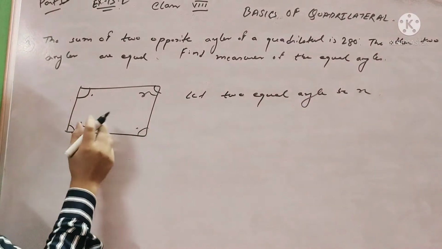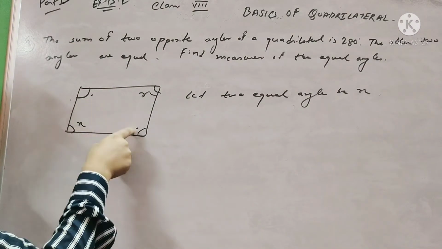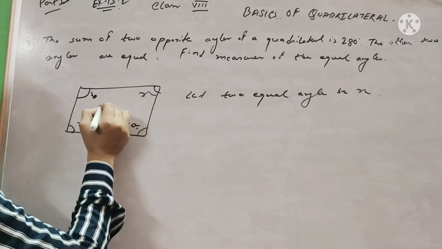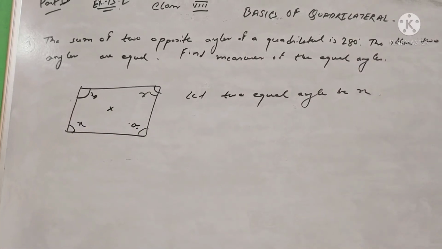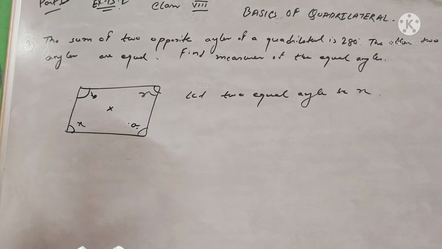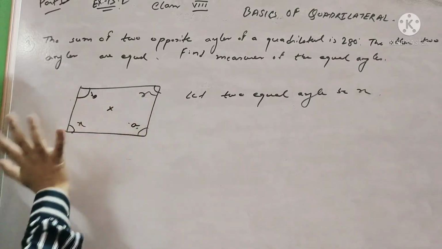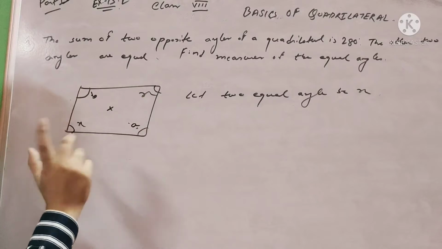Name the other two opposite angles A and B, and their sum, A plus B, is given as 280 degrees. Find the measure of the equal angles, that means you just calculate the value of x. The question asks only for the value of the equal angle.